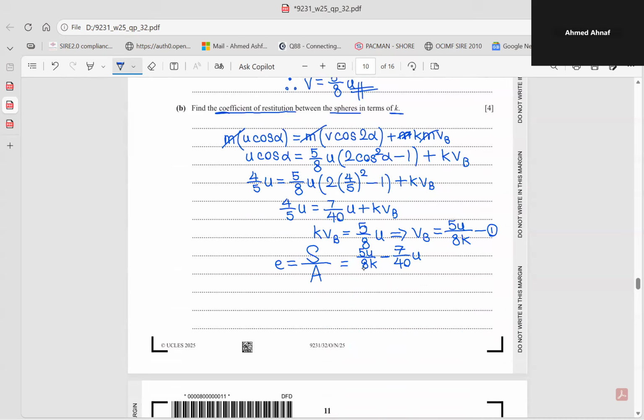And then over the relative speed of approach. For the relative speed of approach, you have to reverse the order of the particles you took the differences of.